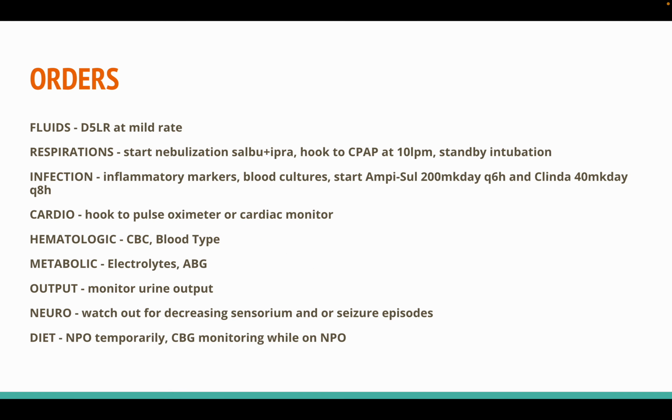And then since NPO ang ato ang patient, you could also write sa imong order CBG monitoring or glucose monitoring while on NPO, because since wala tay intake, you could put the patient in a hypoglycemic state since ongoing siya infection and wala siya kaon. So i-monitor nimo imong CBG.